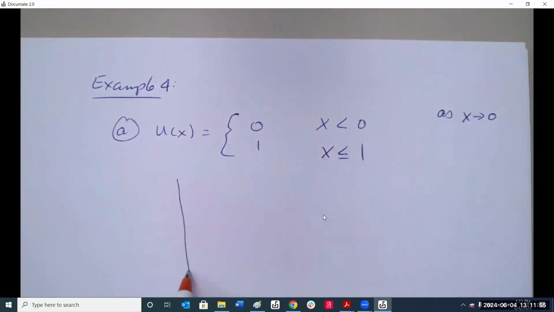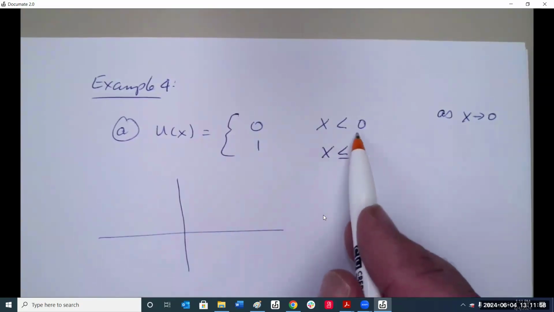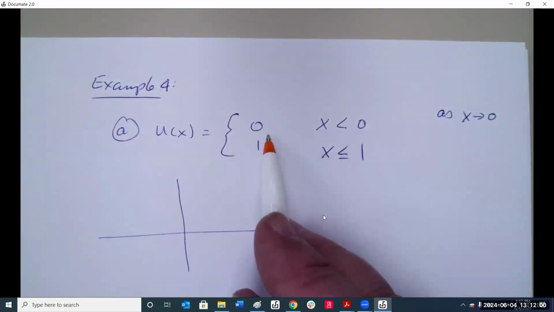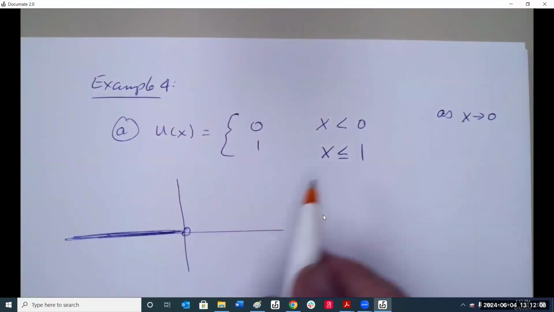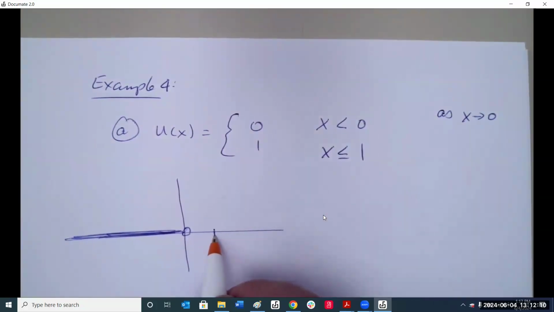Let's look at what the graph looks like. When x is less than 0, the answer is 0. And when x is greater than or equal to 1, the answer is 1.